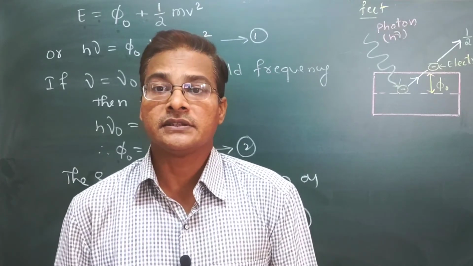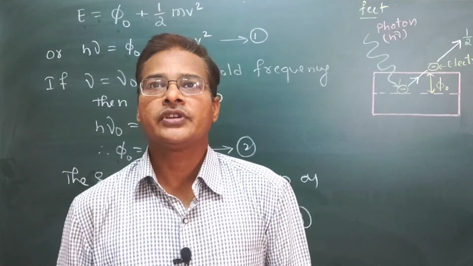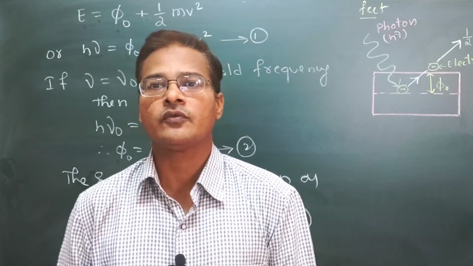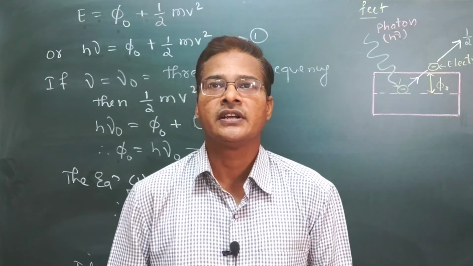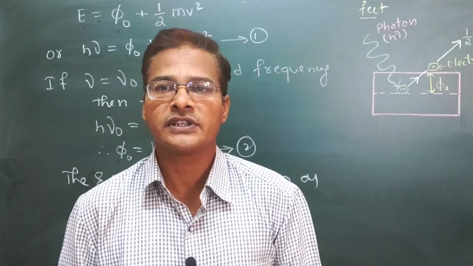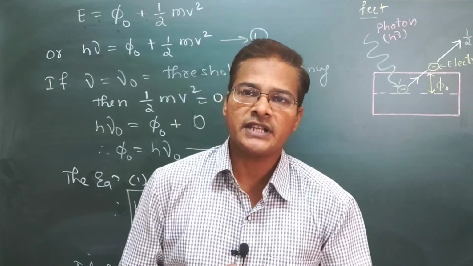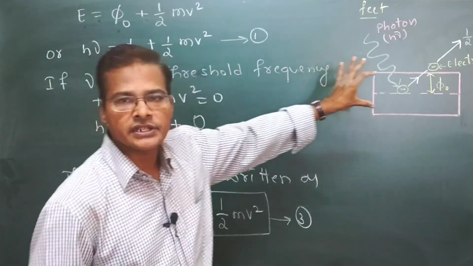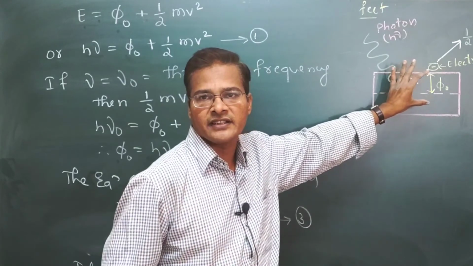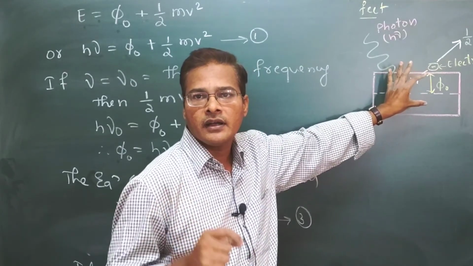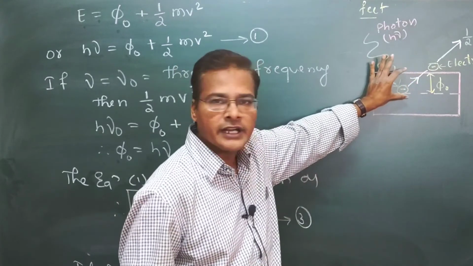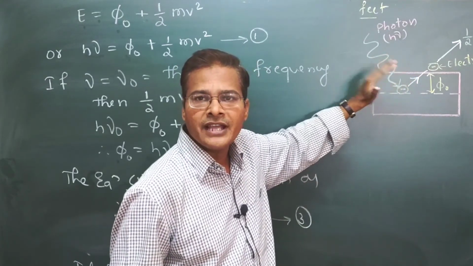Next, the fourth one says that for a given photoemissive surface, the work function is constant. Therefore, as frequency increases, the kinetic energy is also increasing. One particular metal, say zinc or other alkali metals, has a constant work function.